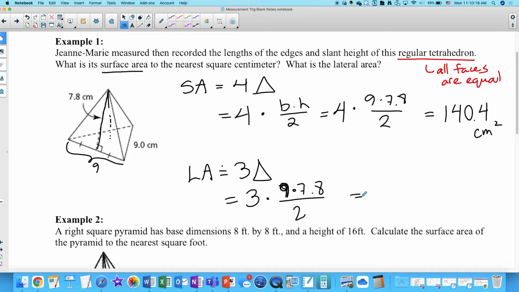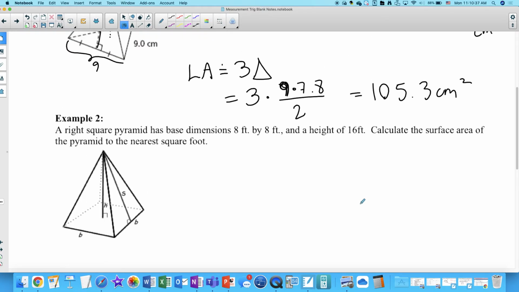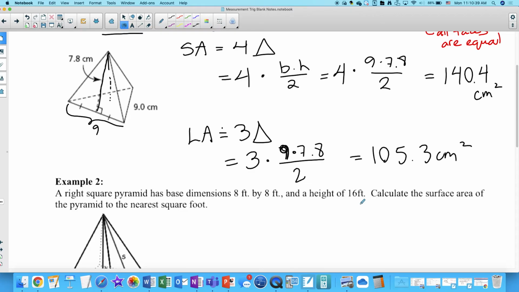And that is 105.3 square centimeters. Okay. All right. Questions with that so far?